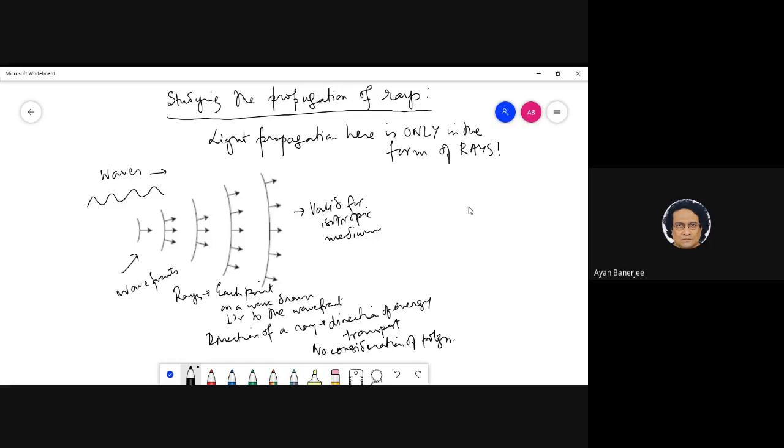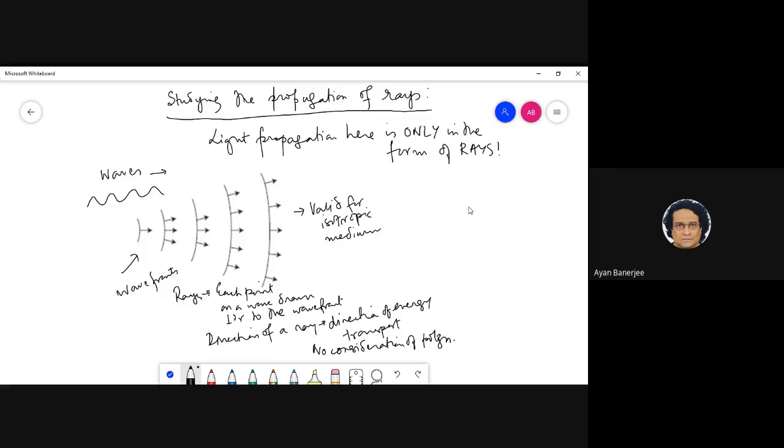This is not valid for things which are even slightly exotic, like metamaterials. So let us just write down the ray matrix. Any interesting refractive index properties become very complicated.